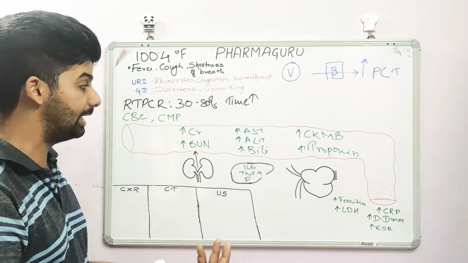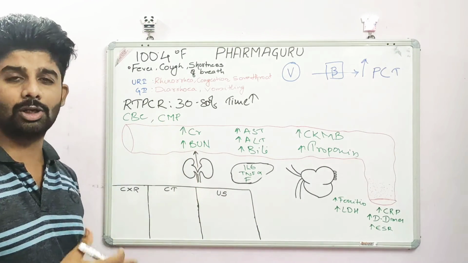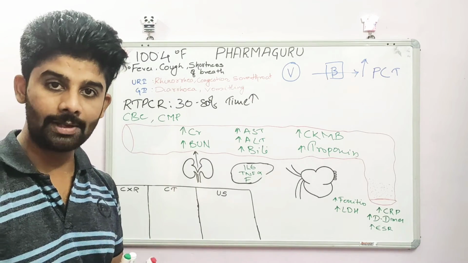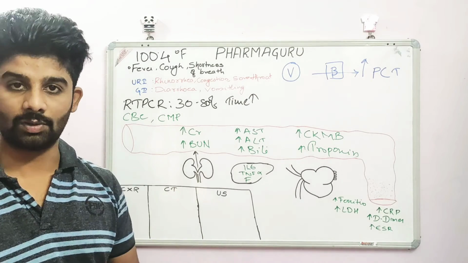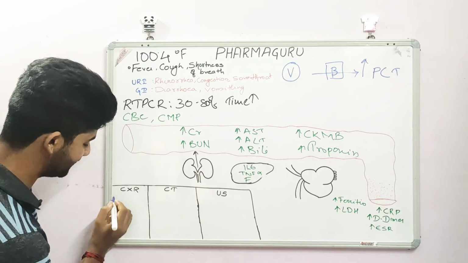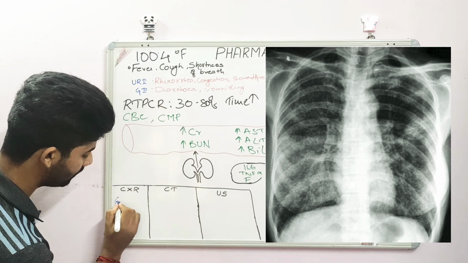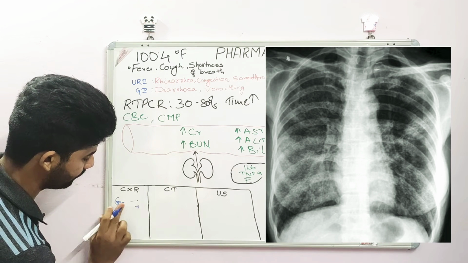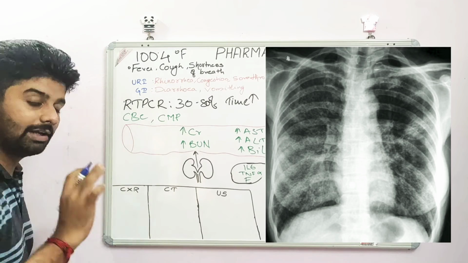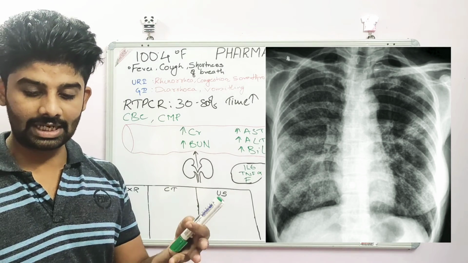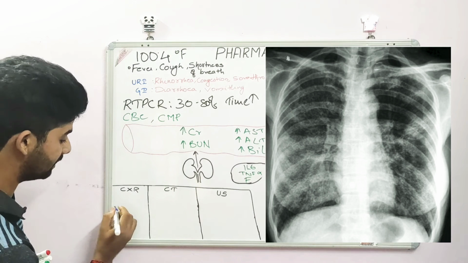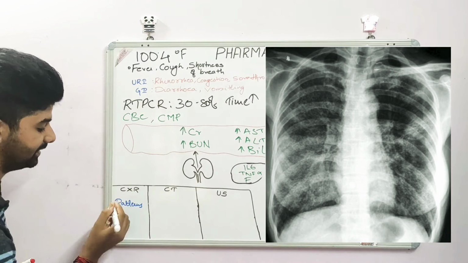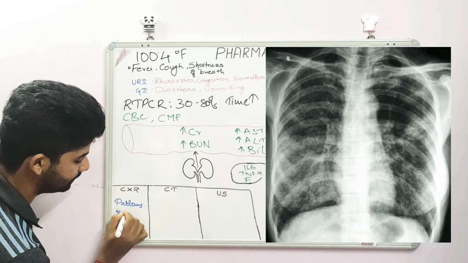We are still waiting for the RT-PCR to come. We can also run certain scanning tests. The scanning for COVID-19 includes chest X-ray, CT scan, and ultrasound. Whenever we go for a chest X-ray, we can see certain patterns, that is ground glassy patterns.